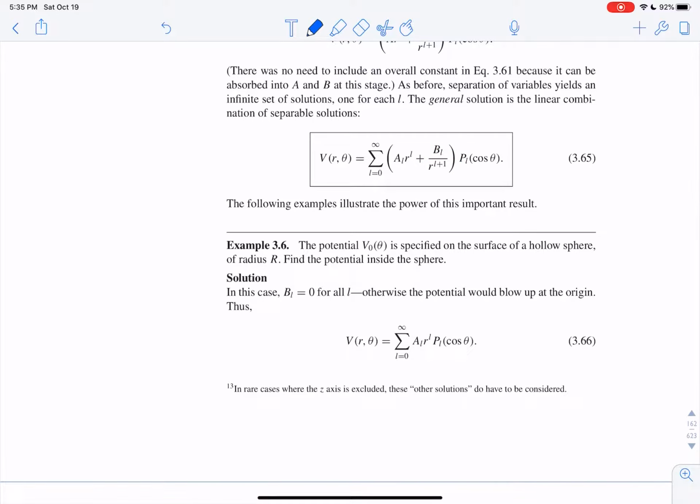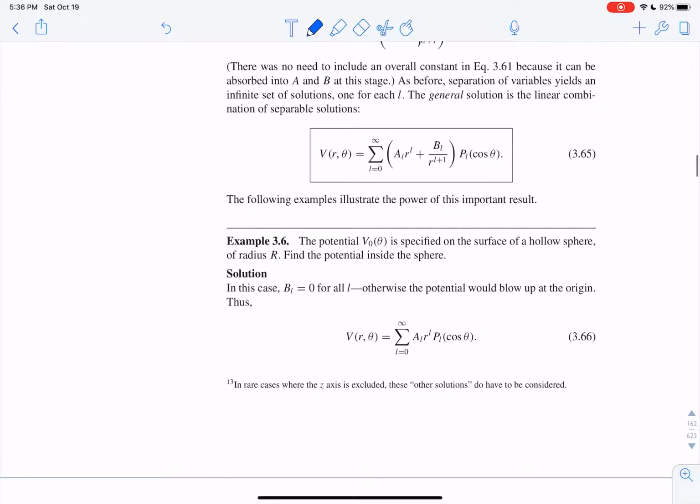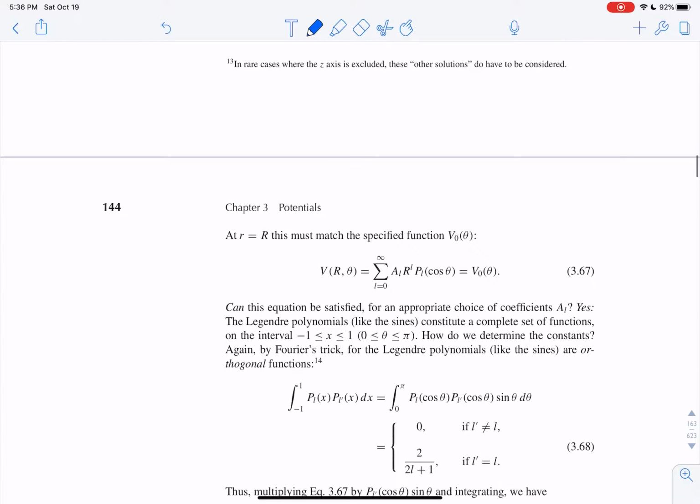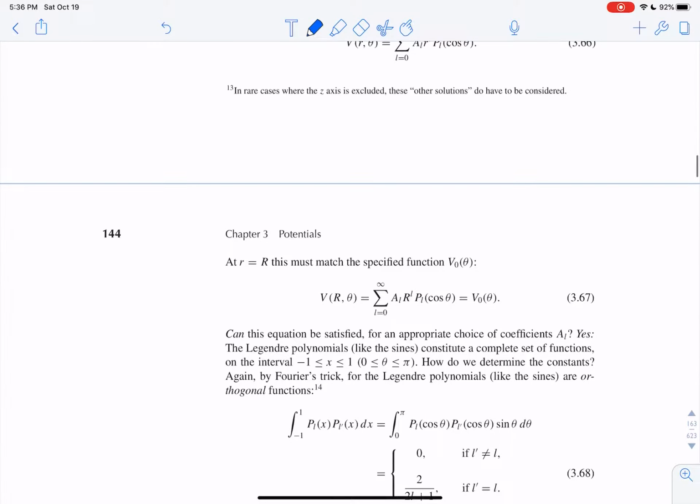So b needs to be 0 in this case, because at r equals 0, you don't want infinity. That leaves us just with this. Then you do the same thing at r equals capital R, where we need to have V. So you have your sum of everything at r equals capital R has to equal V0, so you set them equal to each other.